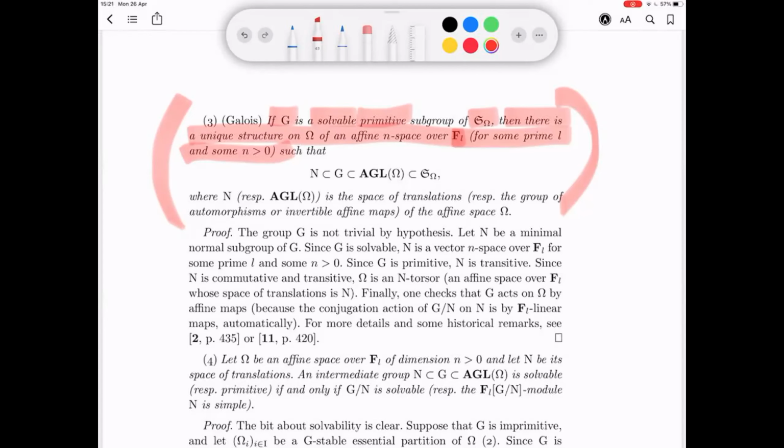I'll not do it in the most general setting, but let's do it in a fairly general case, which is you have an arbitrary field F, right?